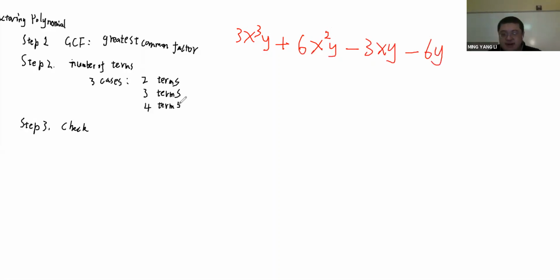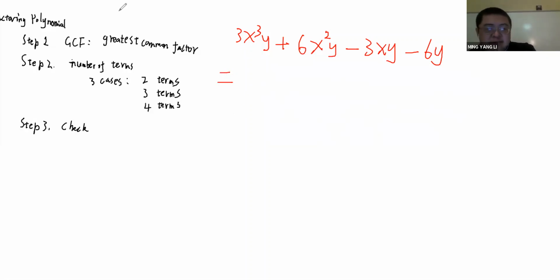We ask you to factor this polynomial, that is, write this polynomial as a product of several smaller polynomials. Actually, a question like this is almost the hardest problem you can ever have in this course for factoring a polynomial. So let's see how our strategy works.